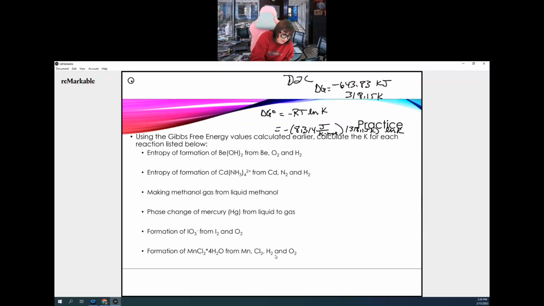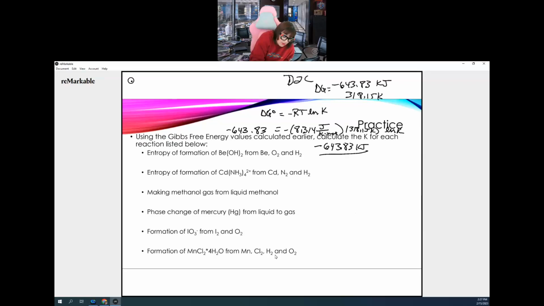So I can put in my delta G, negative 643.83 kilojoules.